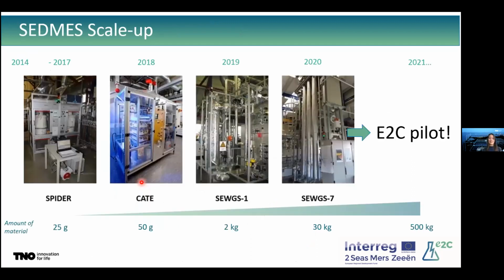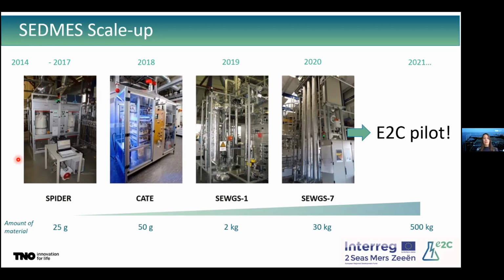So then a little bit about the history of our SETMES technology. I think we started developing the process well before I joined ECN or TNO in 2014. And we started out more on the material development side and really proving the concept. So that was on a small scale still. In 2017, we did some material screening on this spider reactor.